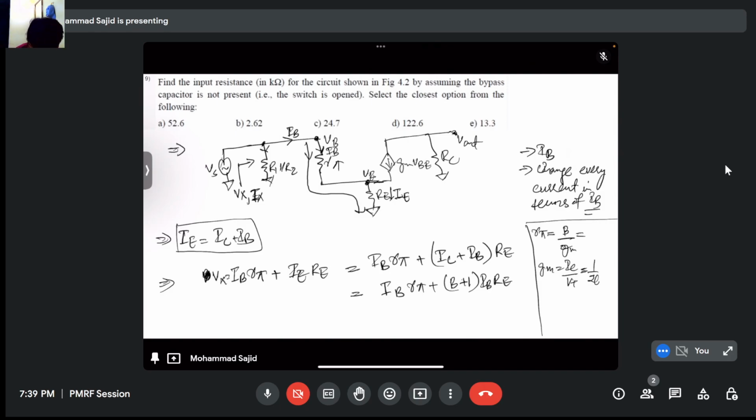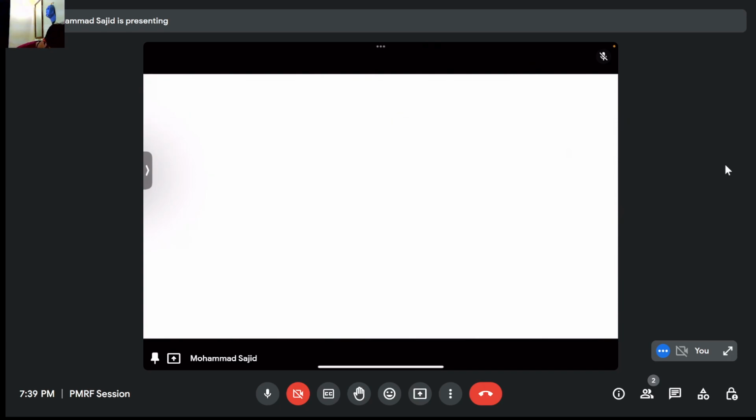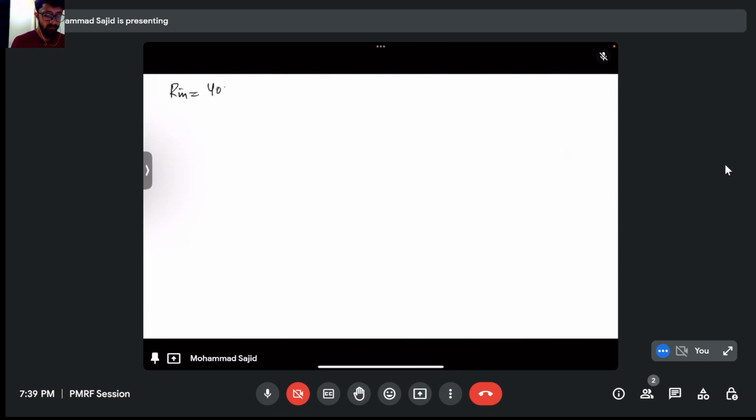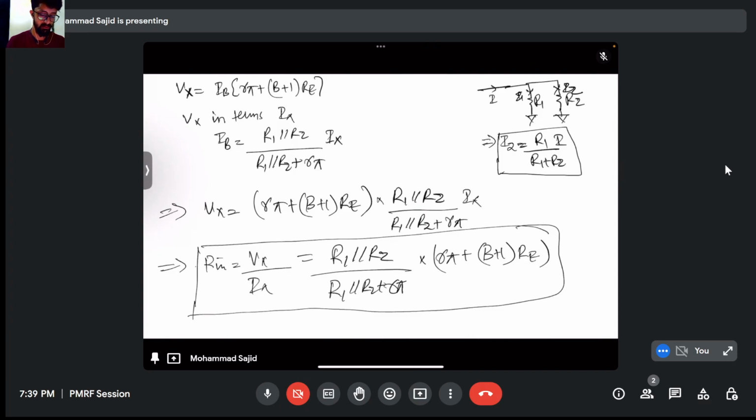So R pi is beta into 26, that will give me 2.6k. So my R pi is 2.6k, gm is 1 by 26. So my R input: R1 is given to me as 40k, 40k parallel R2.